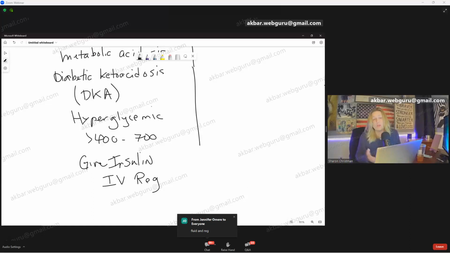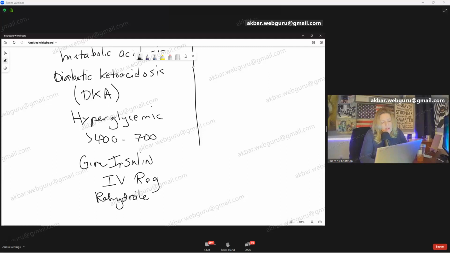Now, they're also dehydrated because of the polyuria. And they do develop anorexia because of the DKA. And as the pH goes, so goes my patient. But they still become dehydrated. So we do rehydrate. But it's like, maybe we'll run in their IV fluids at, say, 150 to 200 mils an hour.